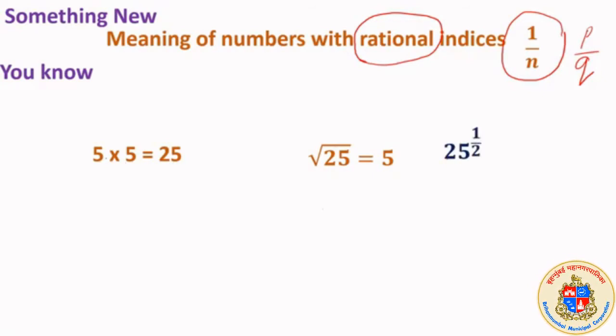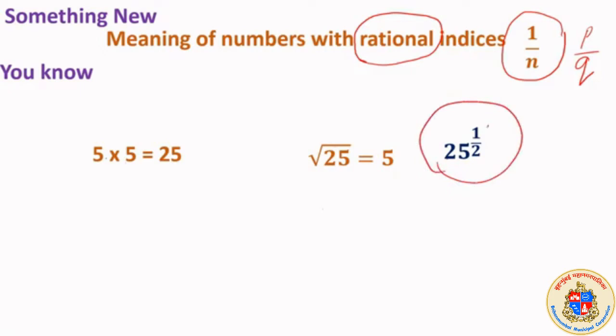Now, we can present the square root of 25 in the form of 25 raised to 1 upon 2, 25 to the power of 1 upon 2. This representation, where the index is written in the form of P upon Q, is what is mentioned here: rational indices.